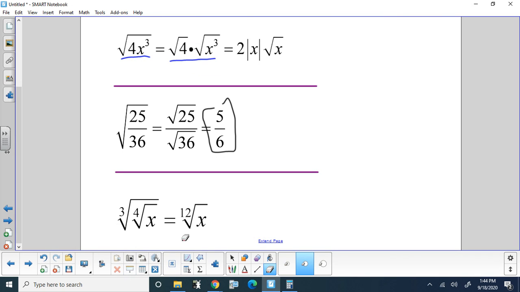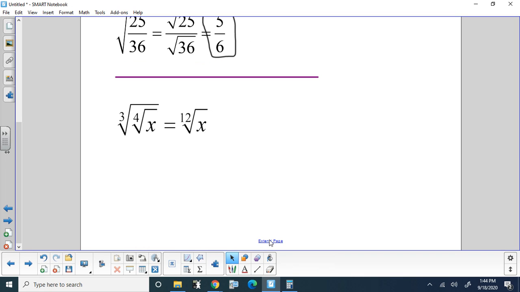The last rule I have is when I have two radicals, I can take those radicals and multiply the index numbers and get a more simplified radical. This is really a fancy way of saying it's power to a power. So I have the fourth root of x, and rewriting this as a rational exponent, I would have 1/3.